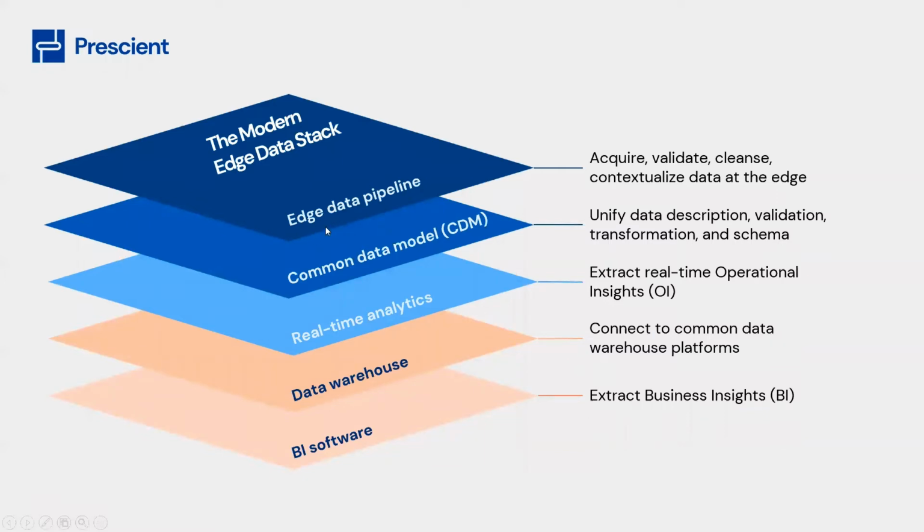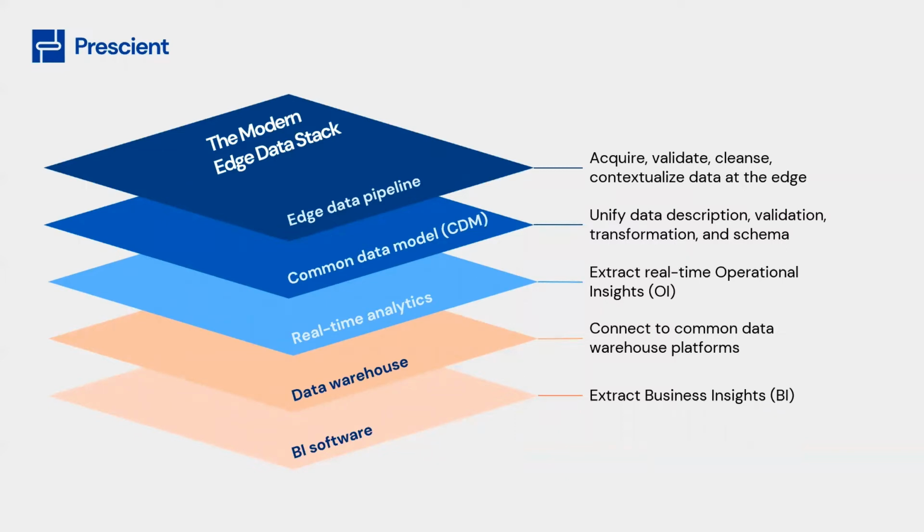The first layer is called the edge data pipeline. That's basically the operation to get the data from the instruments and the equipment, and validate, clean, and add contextualized information, and produce consistent high-quality data that can be used in analytics later on.